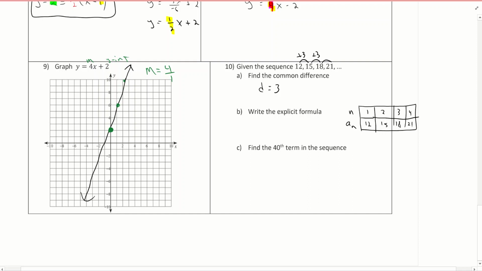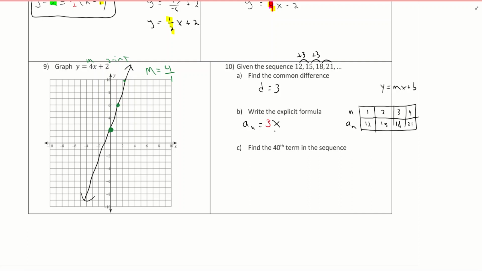And the general idea is it's basically the same thing we've been talking about. It's basically the same as y equals mx plus b, right? It's that same idea. Your slope is going to be that common difference. And sorry, I'm going to write it in the sequence notation. So my slope is going to be this 3, because that's the common difference.